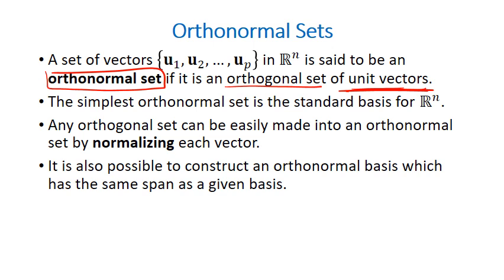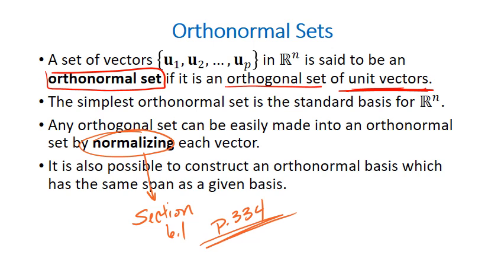It goes on to say the simple orthonormal set is the standard basis for Rn. An orthogonal set can be made into an orthonormal set by normalizing each vector. Remember, that means giving them a unit length. If you have forgotten what normalizing is, that comes from section 6.1, the previous section, page 334 in your text, which may be helpful.